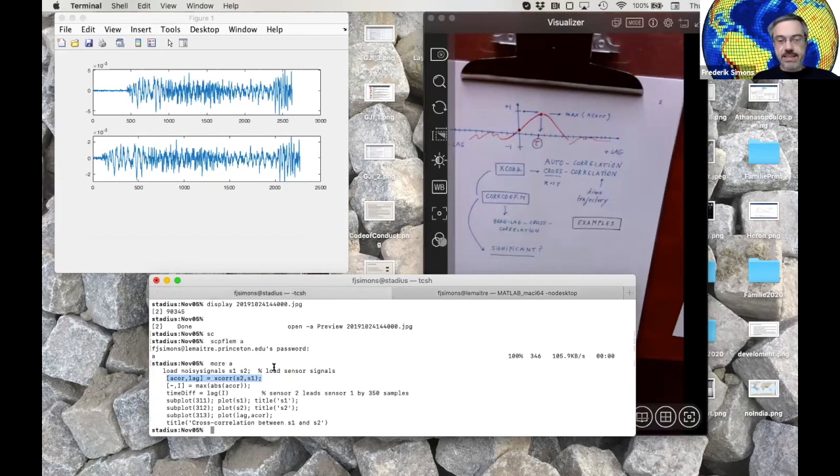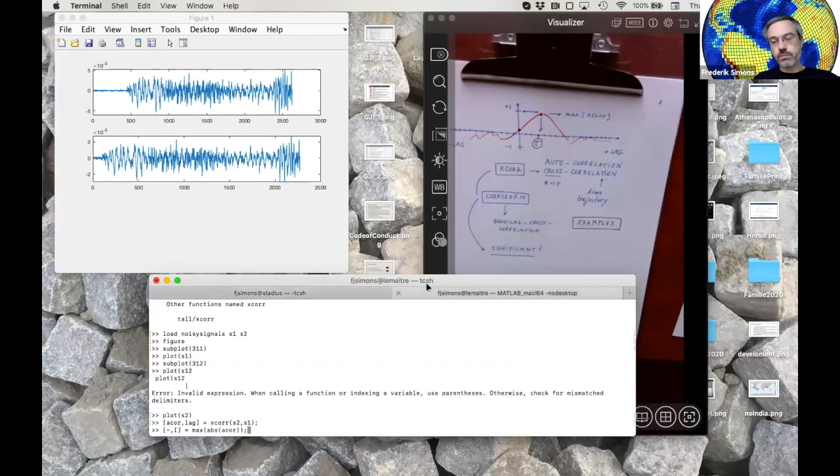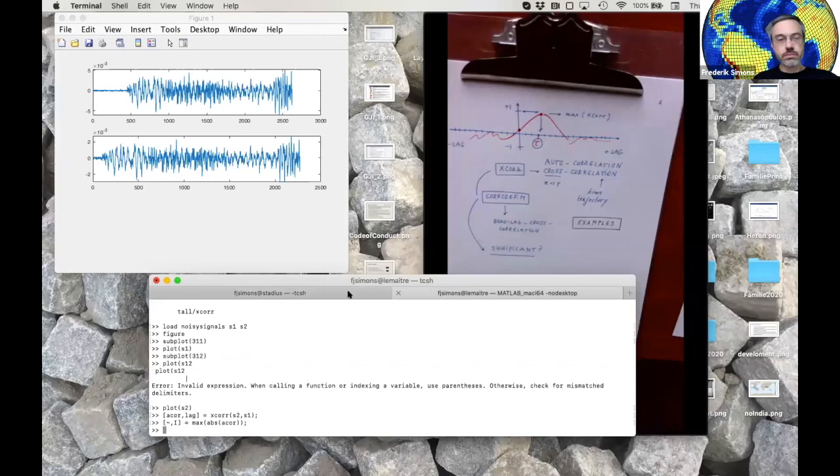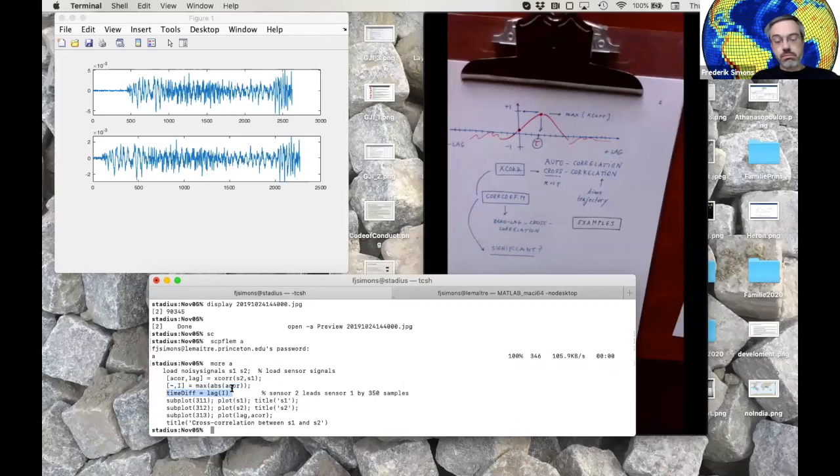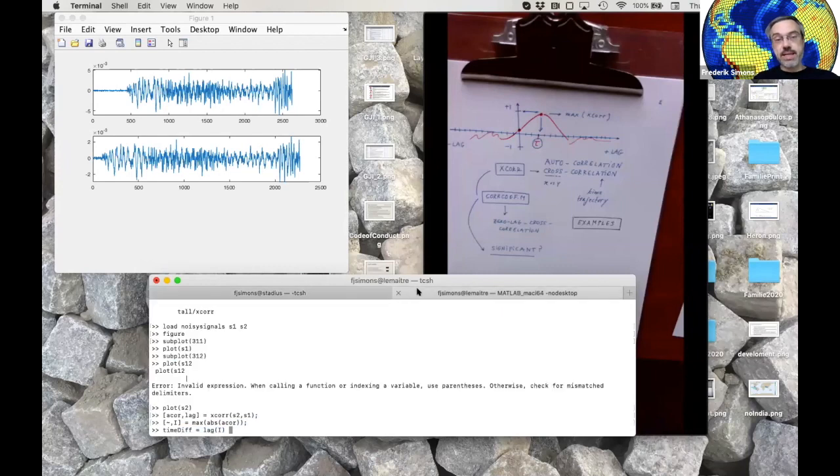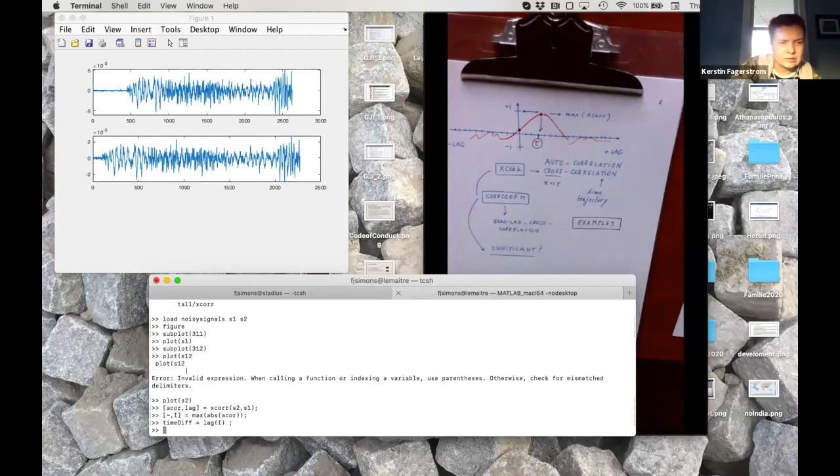You're finding the max of the absolute. The time difference between these things, I'm going to eyeball it. Here, you guys eyeball it. What is the time difference between the signals in units as plotted? About 100 years.